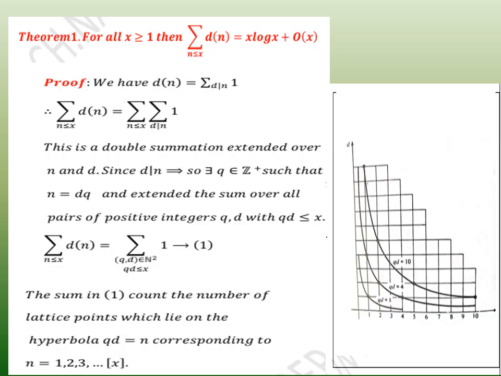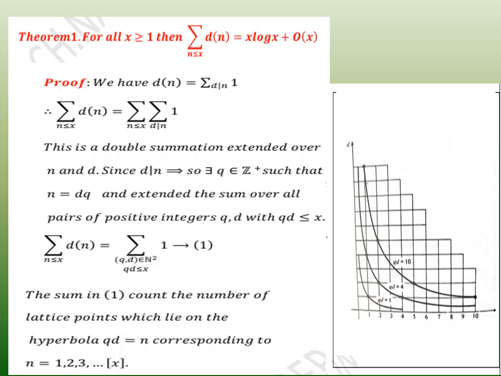The sum in the equation counts the number of lattice points which lie on the hyperbola qd is equal to n, corresponding to the values n is equal to 1, 2, 3, up to the integral part of x. So on the right side we see the diagram.